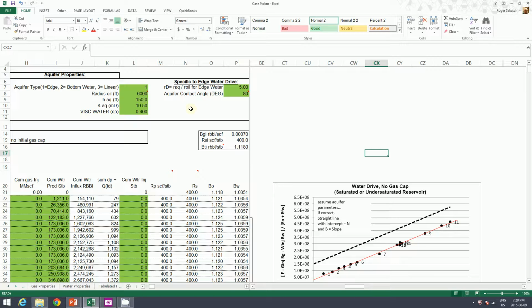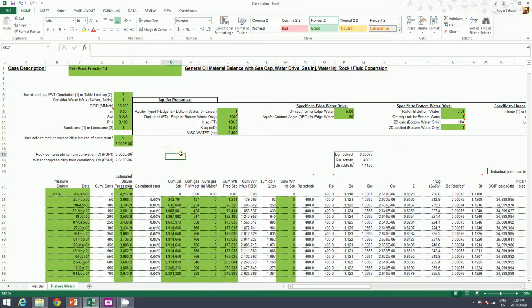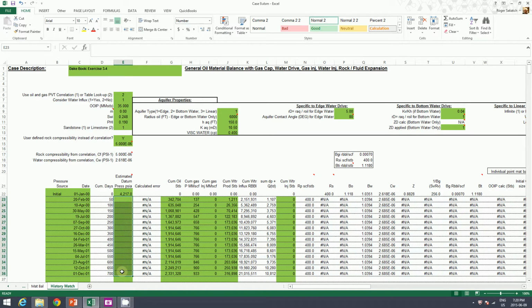All right, let's go on then and talk about the next step in the process, which is the history matching component. Here is the history matching tab, and you can see right now I've got things set up so that I've got 35 million barrels of original oil in place.